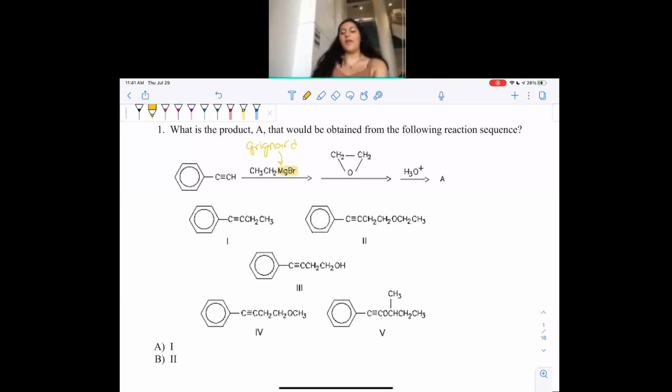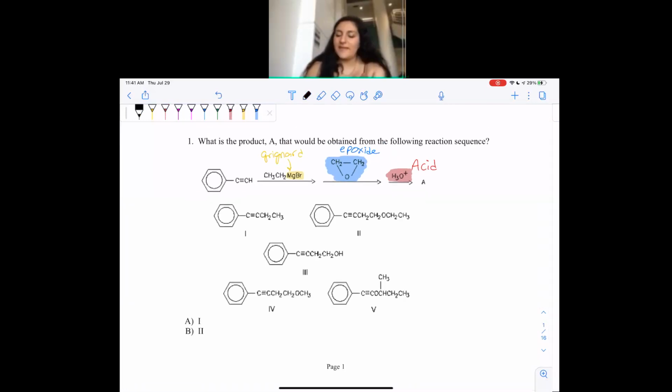Cool. And then we see here an epoxide. Cool, we're going to leave that for right now. We know it's an epoxide, and we know that H3O+ is an acid. All right, so at this point, you can actually start looking at the reaction.